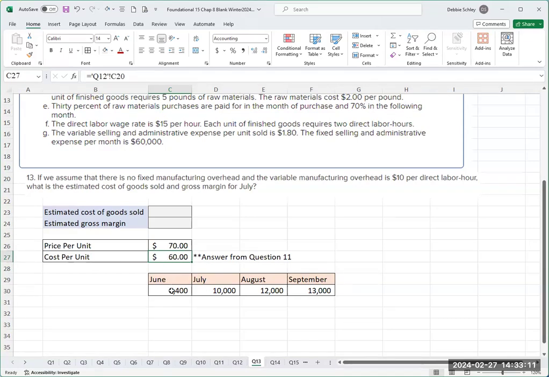So with those two pieces of information and my budgeted unit sales, my estimated cost of goods sold for July will be the 10,000 units times the cost per unit. And then my gross margin is going to equal my selling price times my budgeted units for July, close parentheses, minus my cost of goods sold. So that's what gross margin is: the sales minus cost of goods sold equals gross margin.